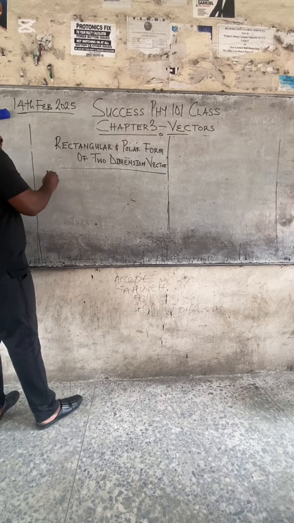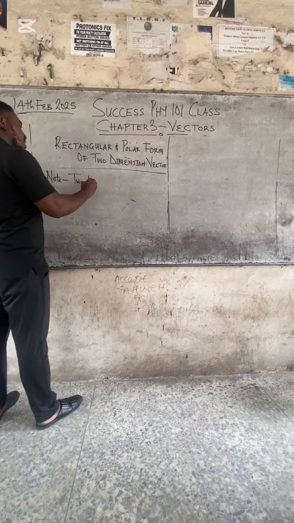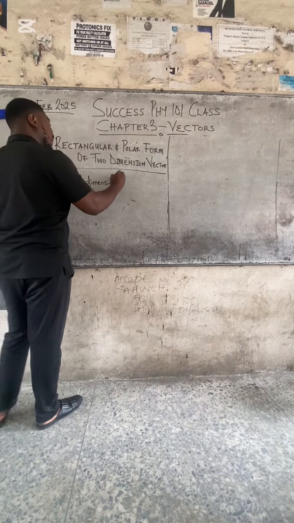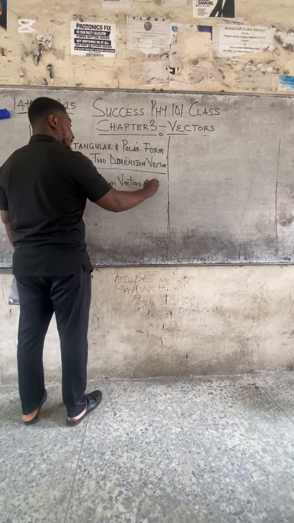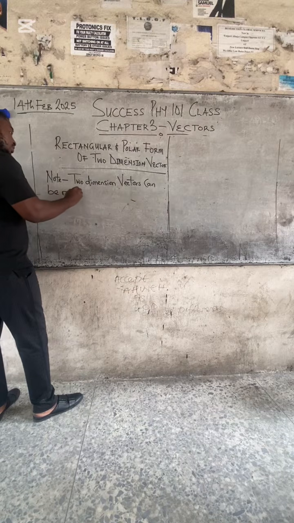Note, two-dimensional vectors can be represented in two forms.